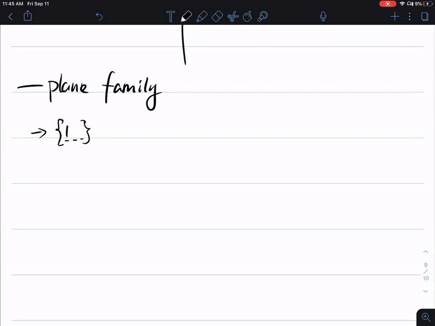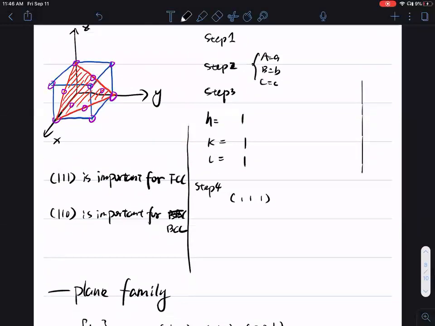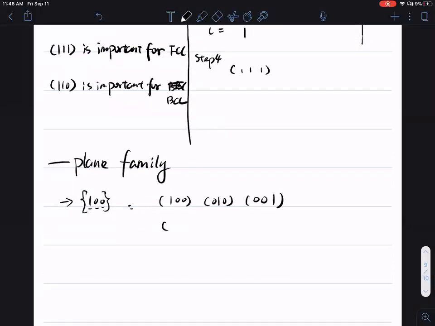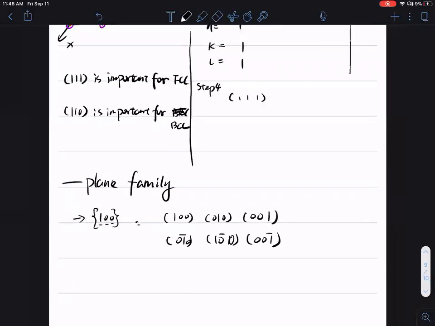For example, {100} can include planes (100), (010), (001). And also we can have negatives. You can add an overhead bar to all negatives if you want to. So they all belong to the same family, meaning they all have equivalent directions.